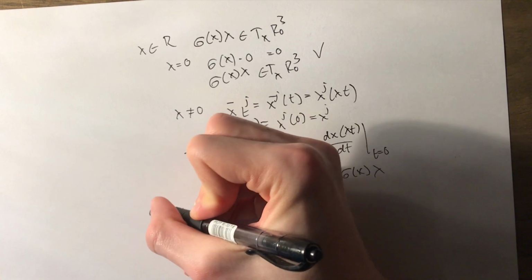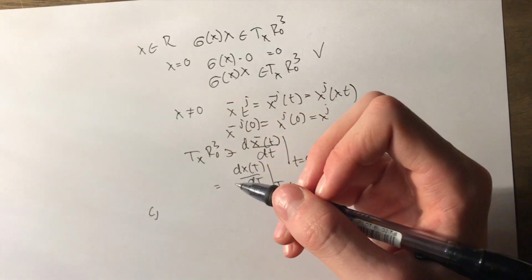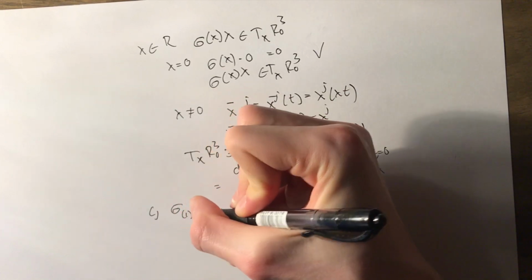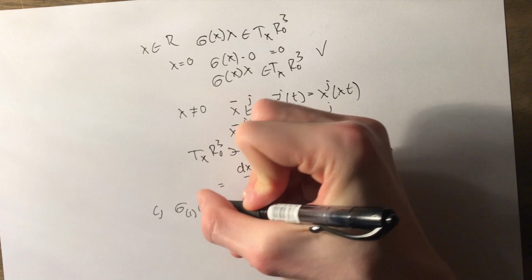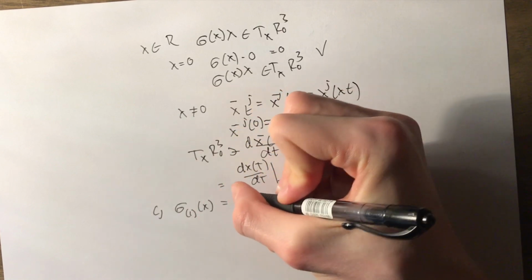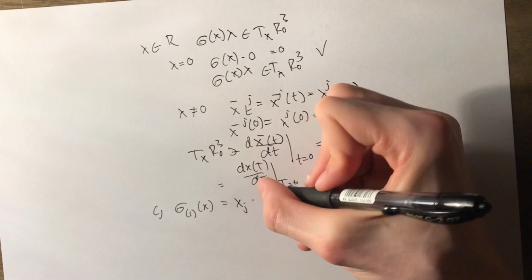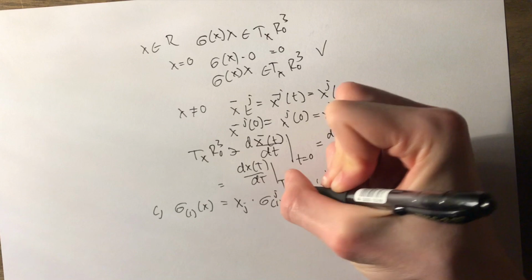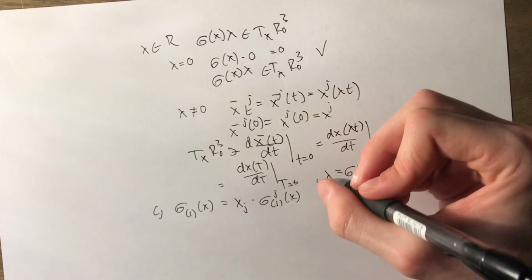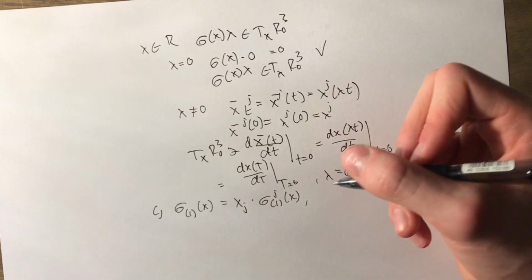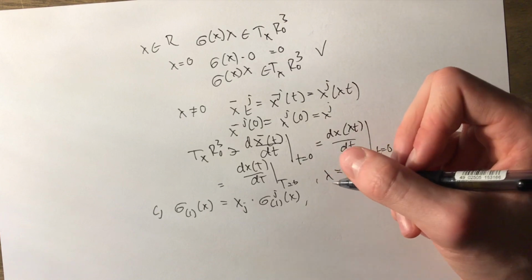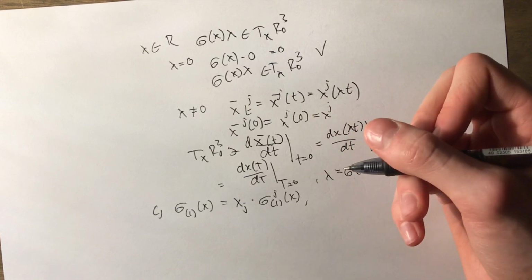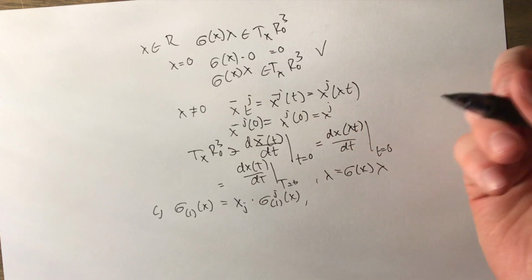And then C, let sigma 1 of x equal x_j times sigma 1j of x, and then same for the other indices, namely that sigma 2 of x is equal to x_j times sigma 2j of x.